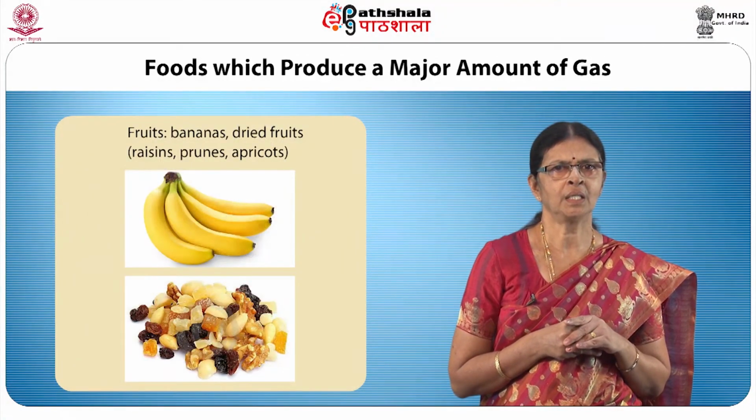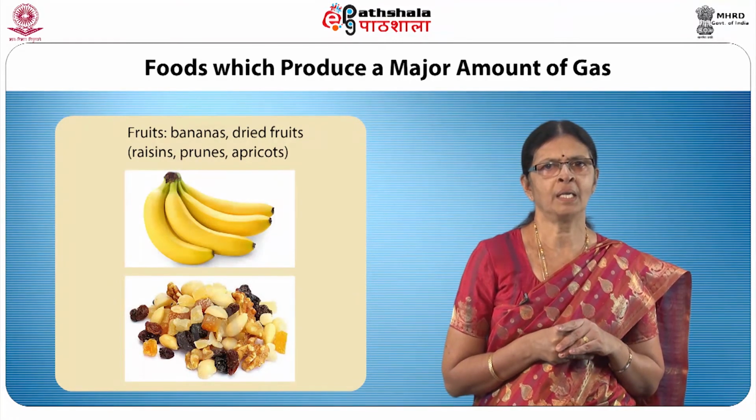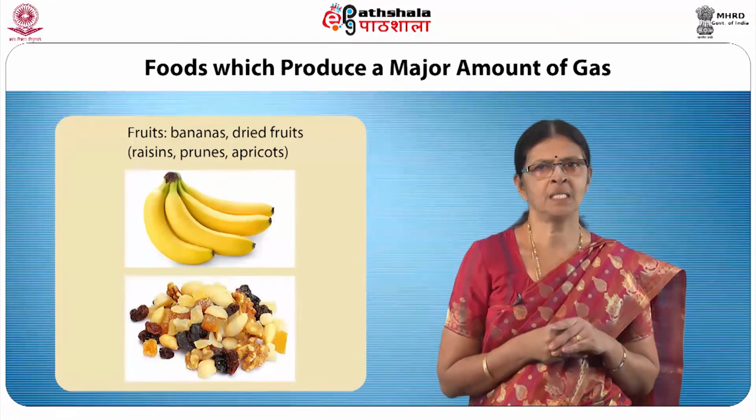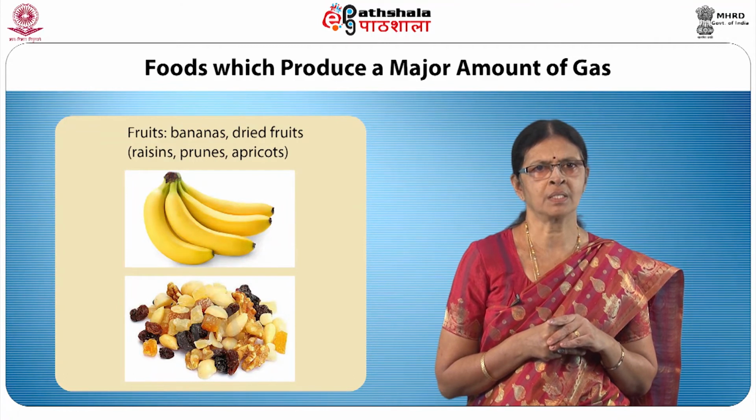Fruits containing fructose like banana, dried fruits, raisins, prunes and apricots. It is necessary to reduce lactose, fructose, complex carbohydrates or high fiber fruits and vegetables in the diet so as to reduce the gas formation.